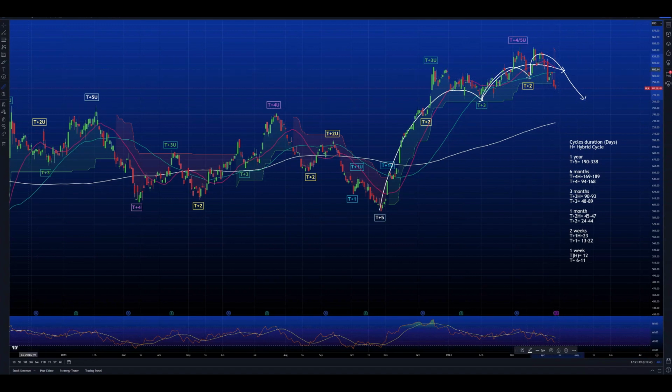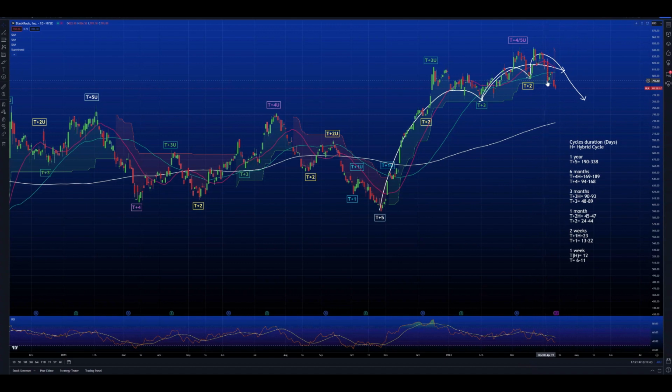Because here we have had a duration of 17 days, which is not enough to close the T plus 2. So we might expect further downtrend at least to its minimum duration of 24 days.